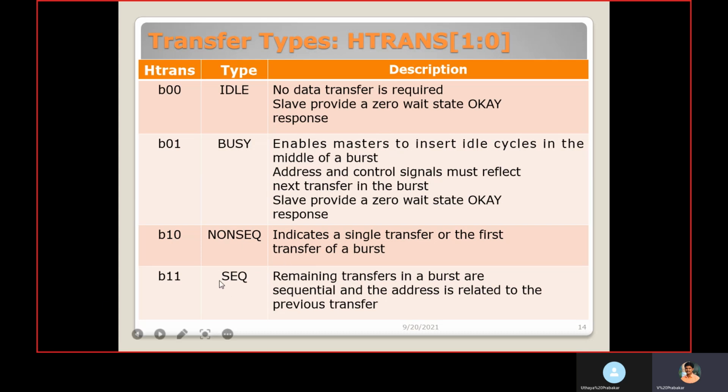Then 3, that is 1, 1, indicates sequential, the remaining transfers of the burst. The first transfer starts with non-sequential, and the remaining transfers of the burst are sequential to the started one. So the remaining transfers in the burst are sequential. You will get 1, 1 like this, and the address is related to the previous transfer.